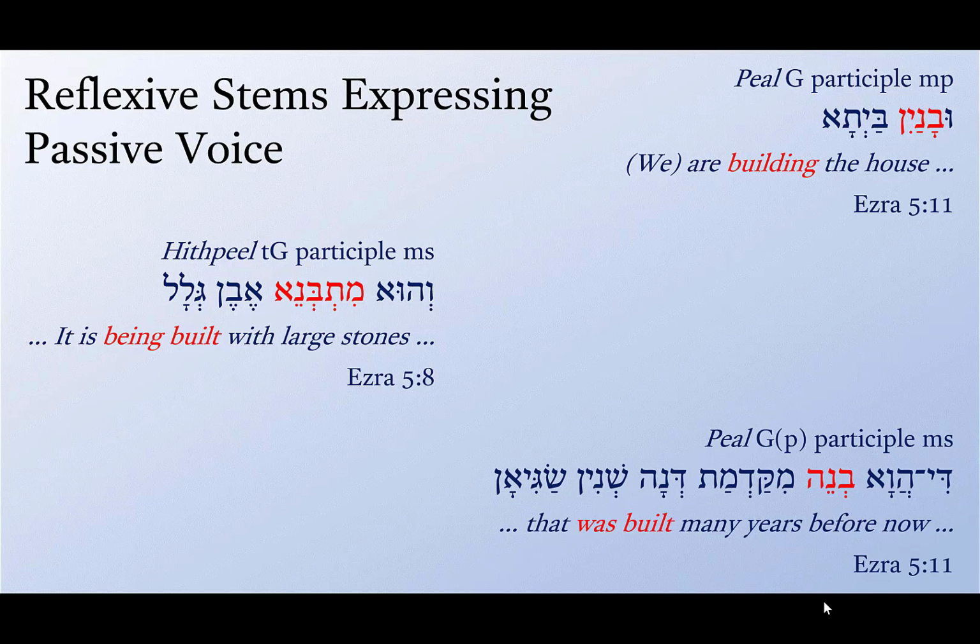And this is a trend we'll see with finite verbs as well, that the TG will often express a GP kind of idea. The TD will often express a DP idea, and so forth. Okay, so only TG and TD participles, not TC, are attested in Biblical Aramaic.